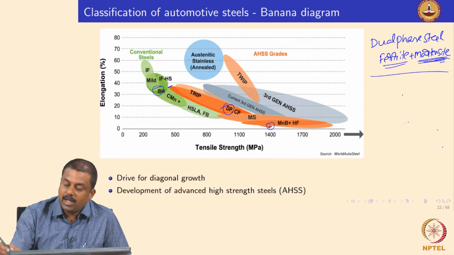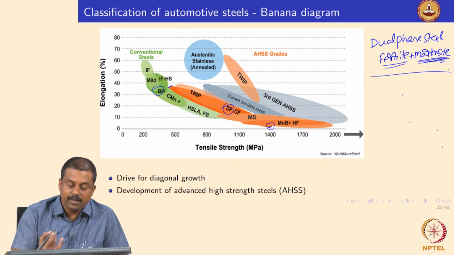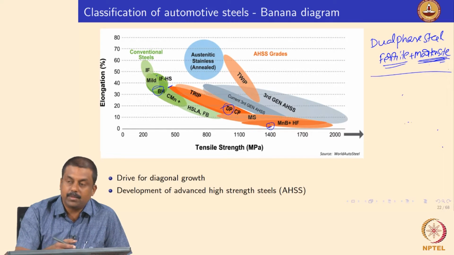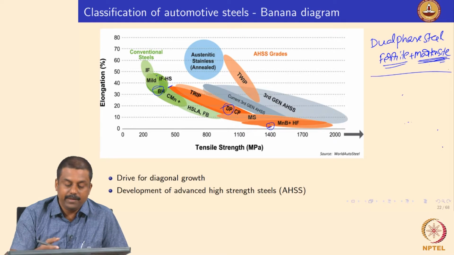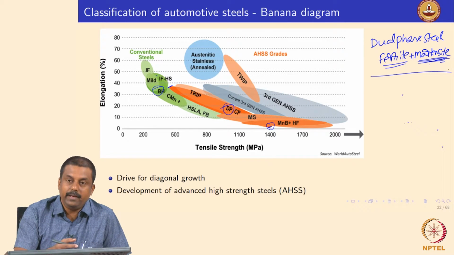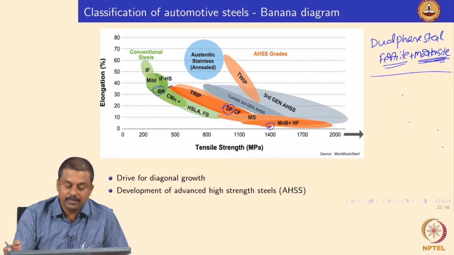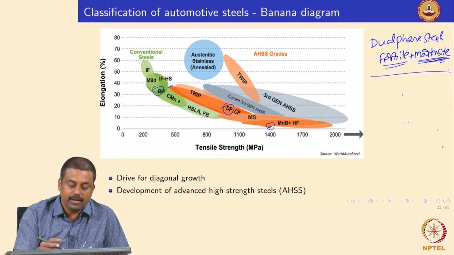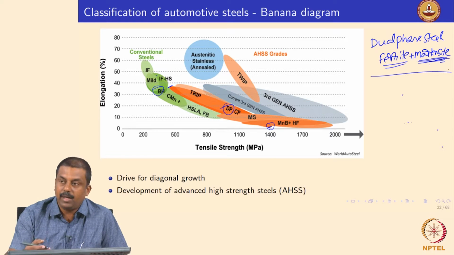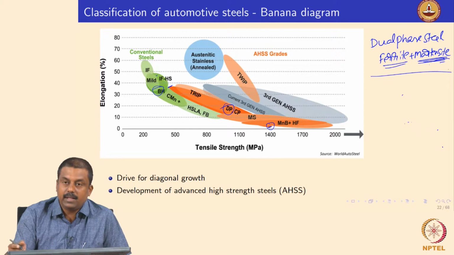This became very attractive because now we have a material with very high strength and acceptable ductility, and we can now reduce the thickness of the conventional steels to achieve light weighting. And by increasing strength, we are not reducing the ease of forming, because dual phase steel can also give very good formability.